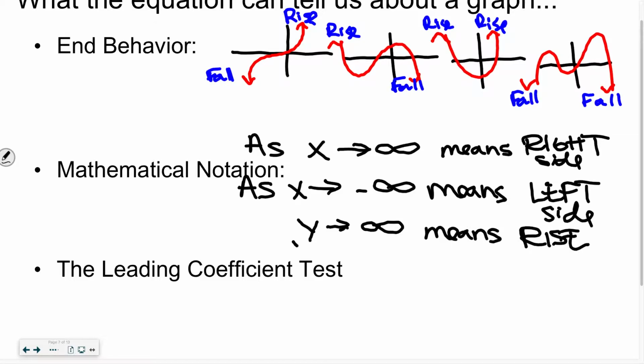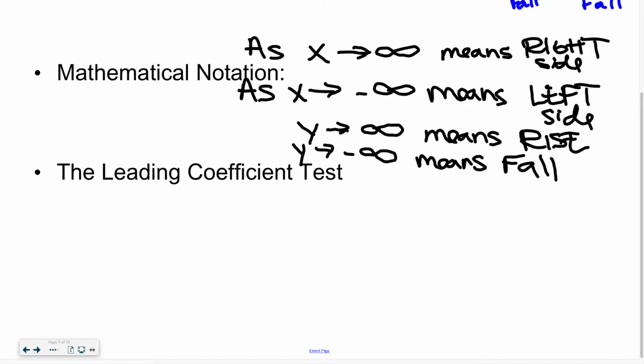If y was approaching negative infinity, then your arm is falling. Now, if you have a picture of a polynomial, like I drew those 4 pictures just so we could understand what end behavior was describing, then you can name those things using the mathematical notation.